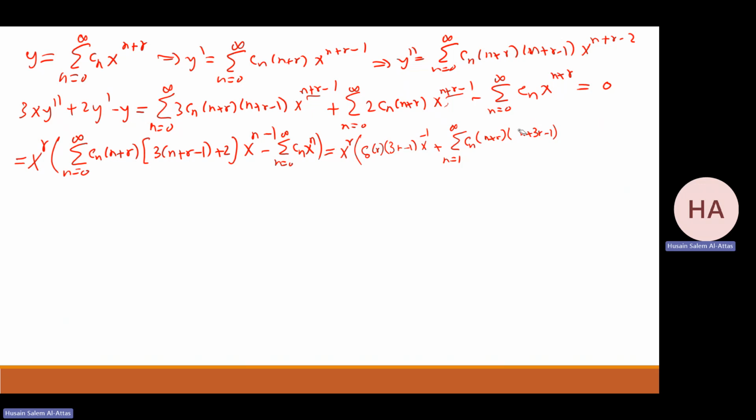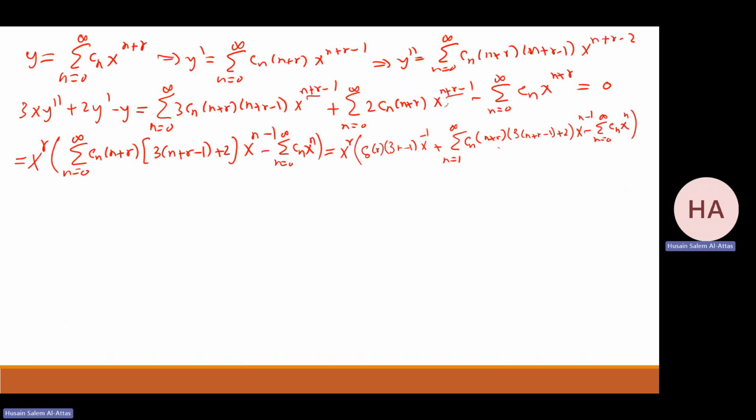Leave it, because I think it's better to leave it. I will show you why later. That will be 3. Leave it as this. Plus 2, then minus, x to the power n minus 1, minus summation n equals 0 to infinity cn x to the power n.